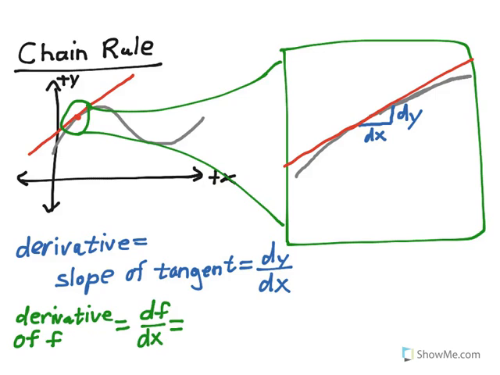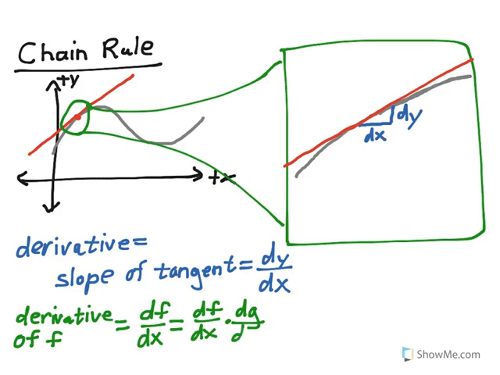Now, what if we introduce another variable, call it g? So if we have df over dx, and if we can take differential slices, infinitely small slices of f, and infinitely small slices of x, well then we can also take infinitely small slices of g.